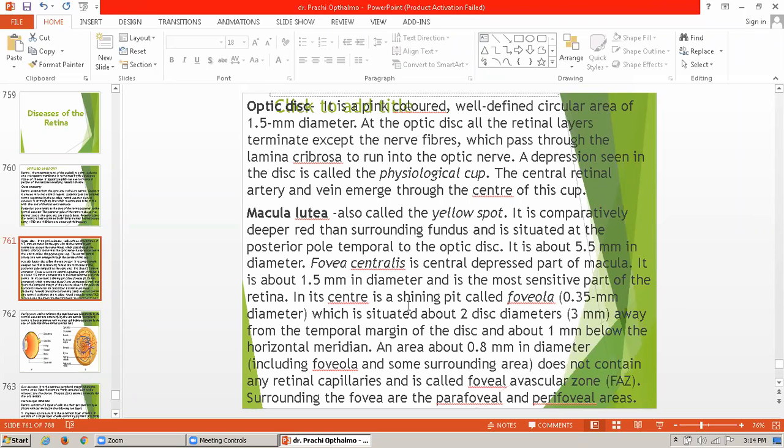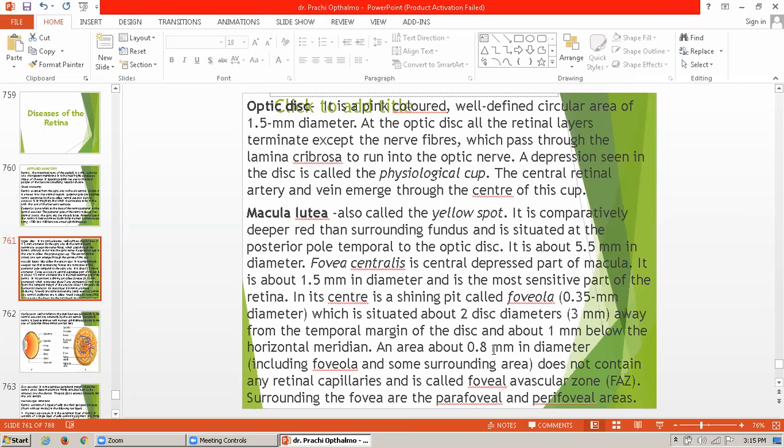In its center is a shining pit called the foveola, which is 0.35 mm in diameter and is situated about 2 disc diameters, that is 3 mm, away from the temporal margin of the disc and about 1 mm below the horizontal meridian.